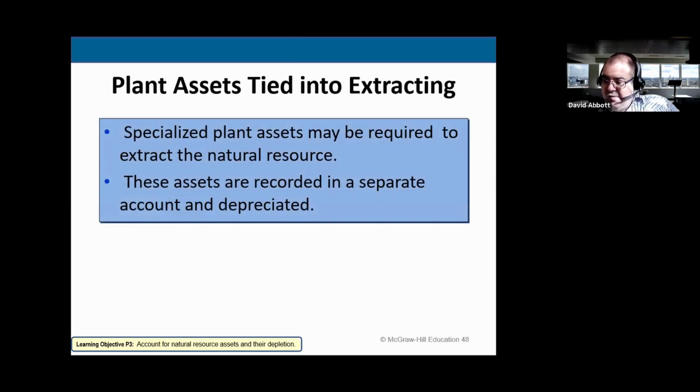Now, plant assets tied into extracting. Mining, cutting, or pumping natural resources requires machinery, equipment, and buildings. When the usefulness of these plant assets is directly related to the depletion of a natural resource, their costs are depreciated using the units of production method in proportion to the depletion of the natural resource.